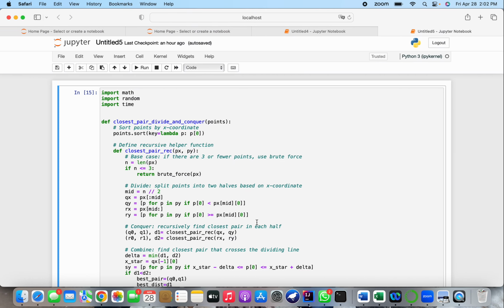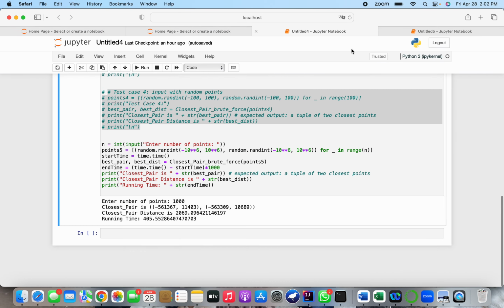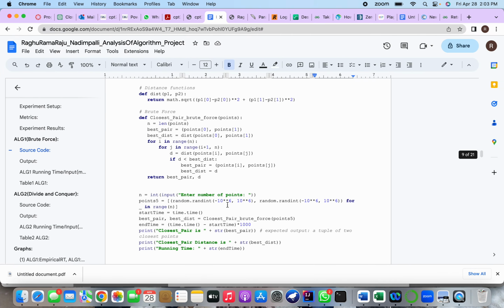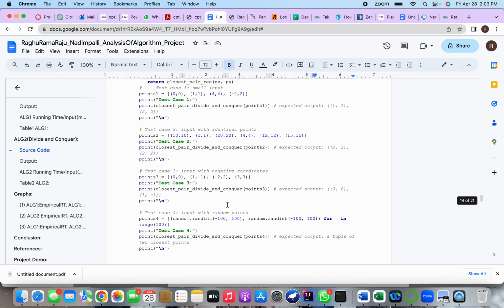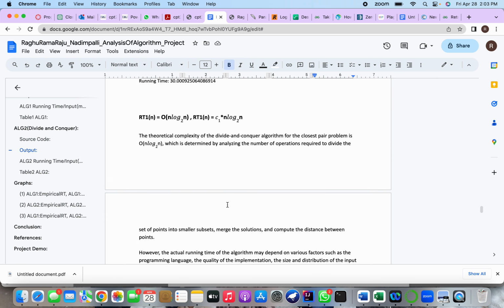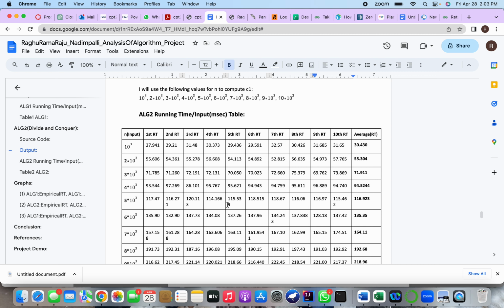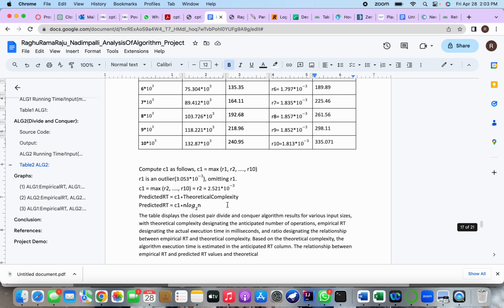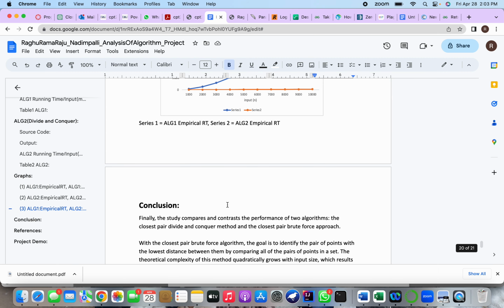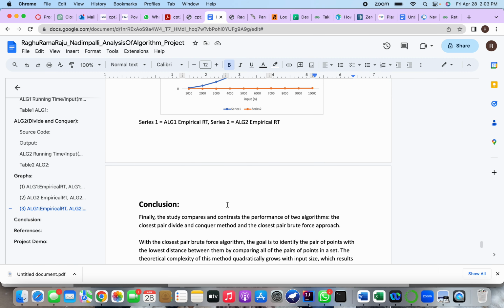And I think I explained pretty much about the algorithm and the code, how it works and how I have developed it, and the RT analysis, outputs, graphs, and running time tables. I think pretty much I have explained everything.